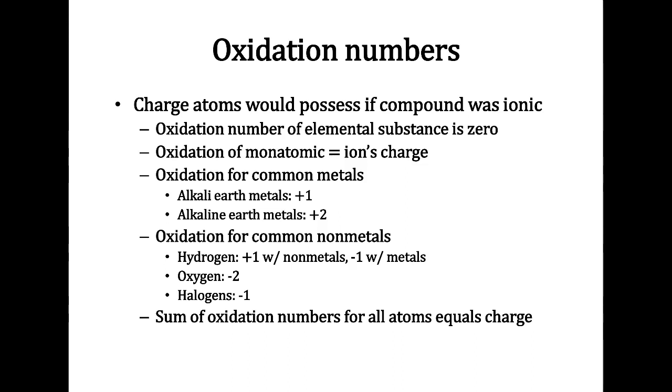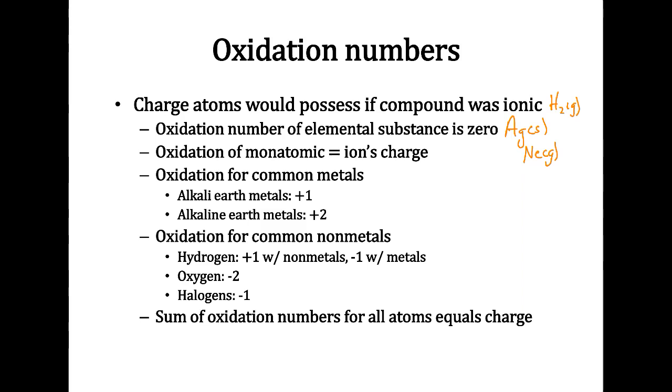So the first thing is the oxidation number of an elemental substance is 0. Well, what does that actually mean? Well, that means if you have, for instance, solid silver, or maybe you have neon gas, or hydrogen gas, something like that, those are all in elemental form.